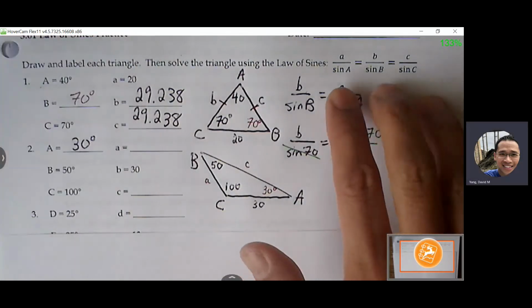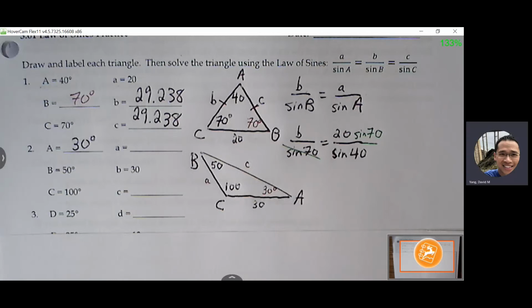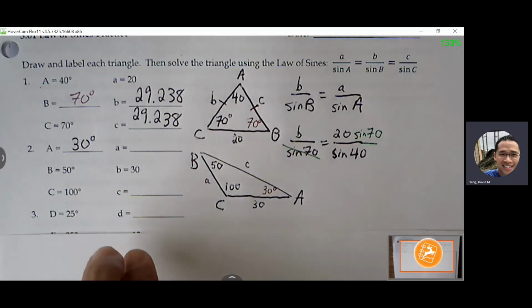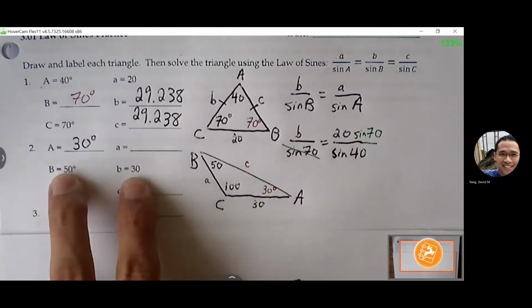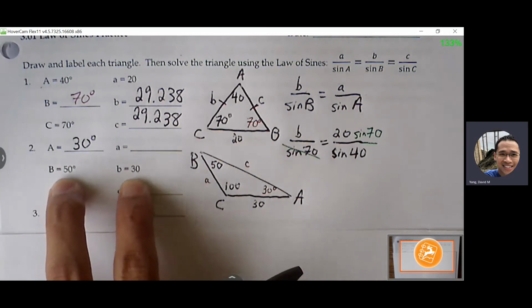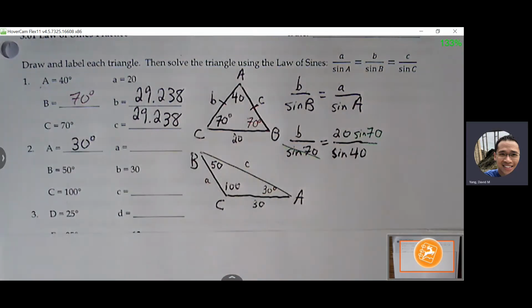Now we want to choose a pair of variables to set equal to each other. But no matter what we do, we have to involve what? We have to involve B. Good, right? We want something that has full information.